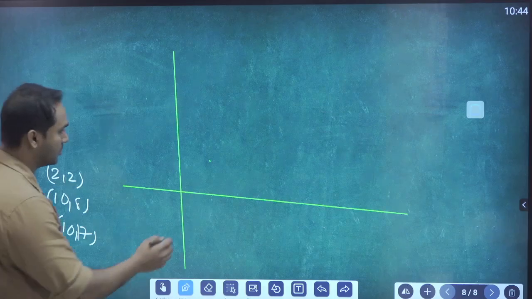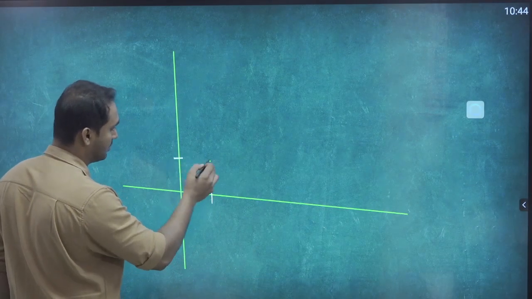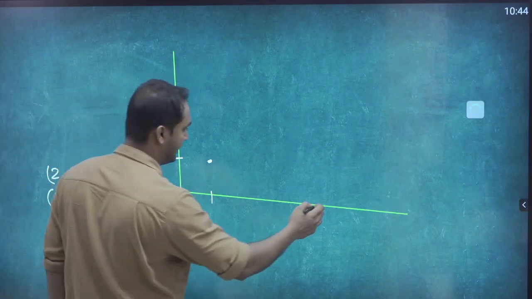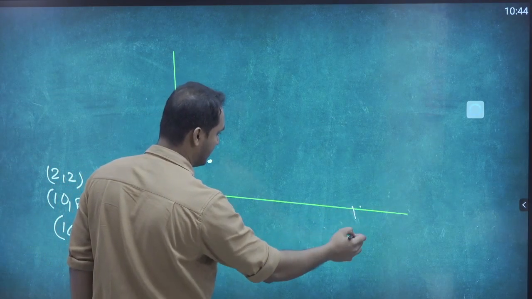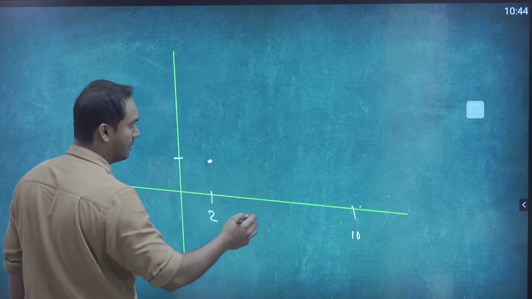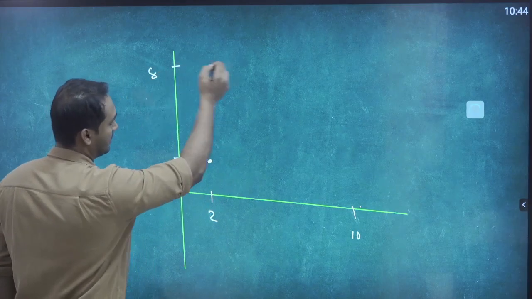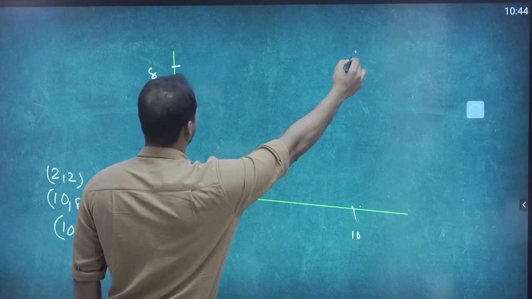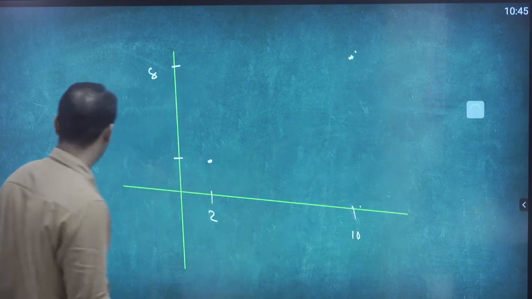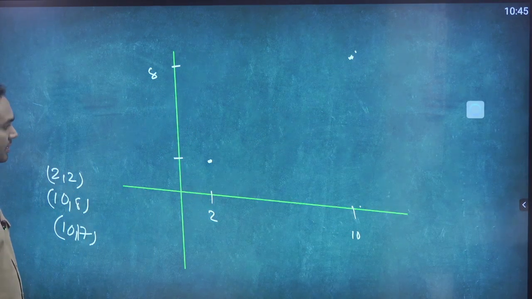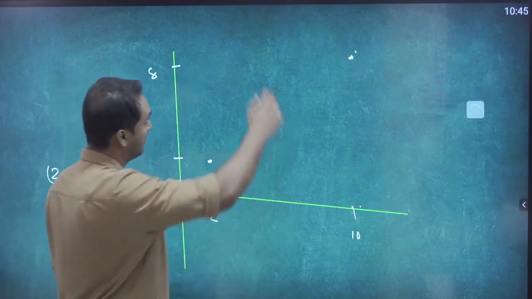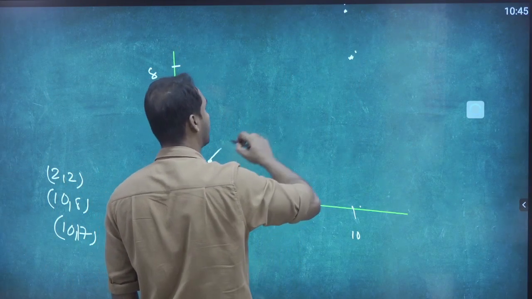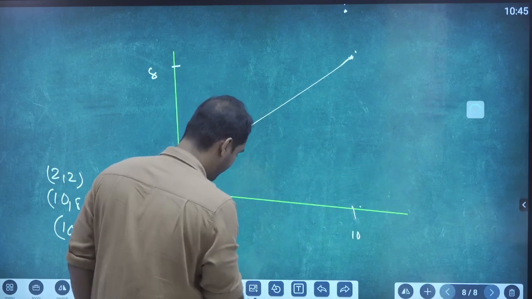One point is (2, 2), that will be this point, and (10, 8) will be somewhere here. And the other one is (10, 17), that will be somewhere up like here. So a sort of different triangle is there.